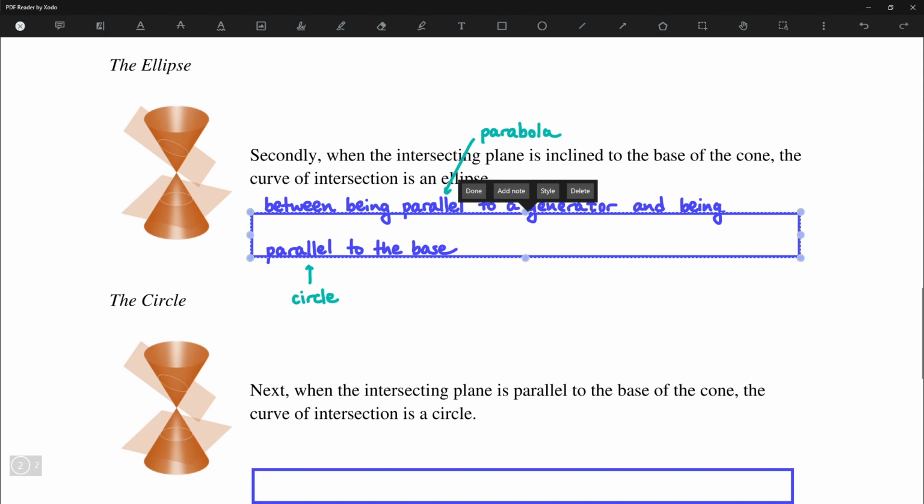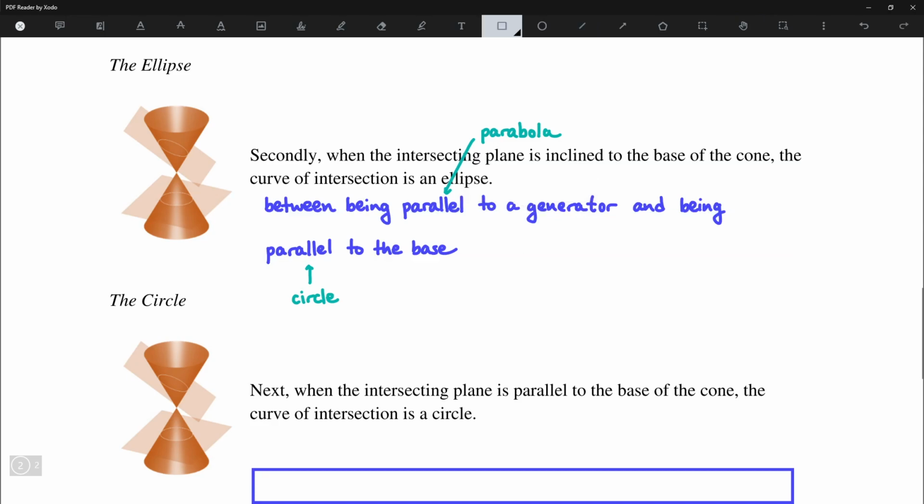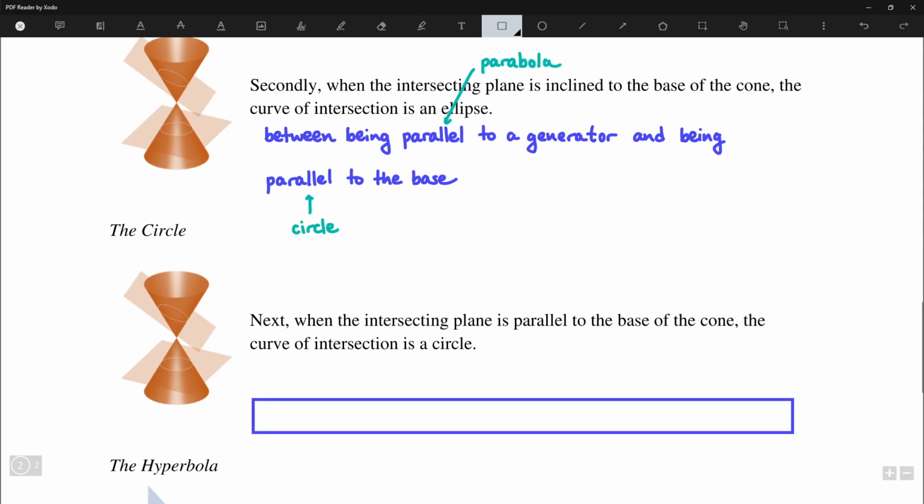One more note about the circle, which is, of course, the next conic that we're going to look at, is that its equation is x squared plus y squared equals r squared.